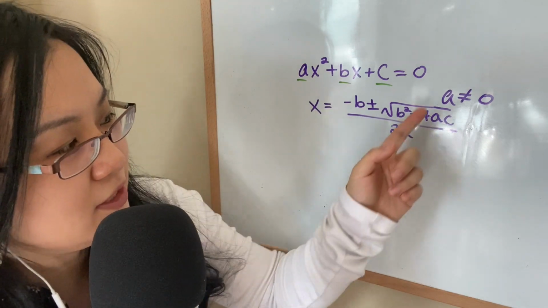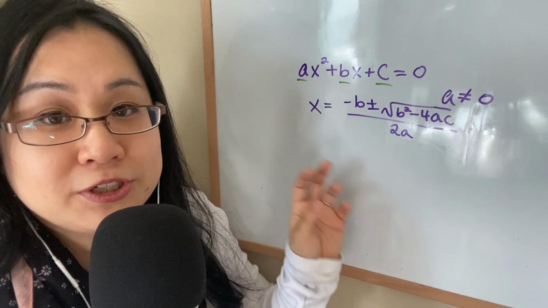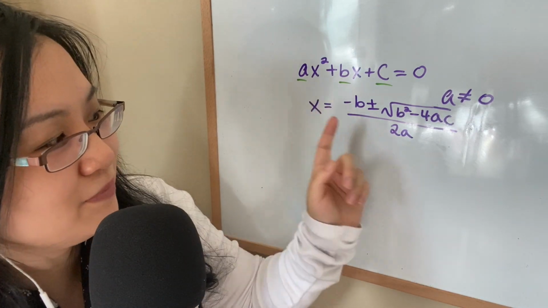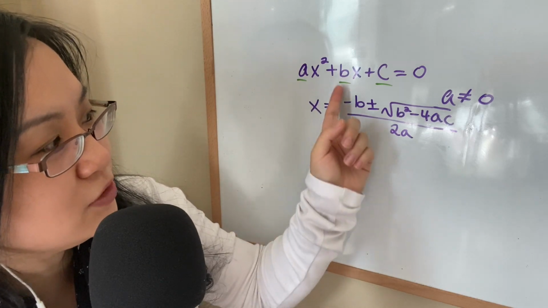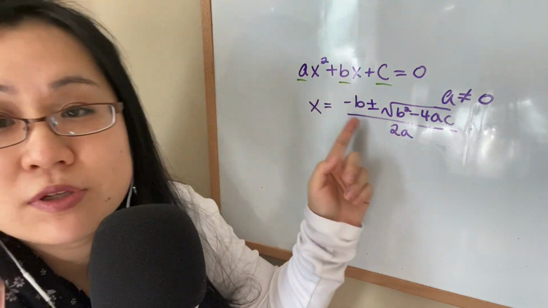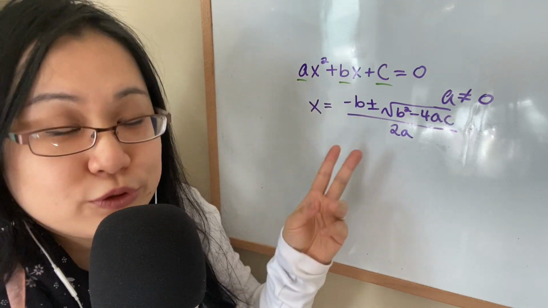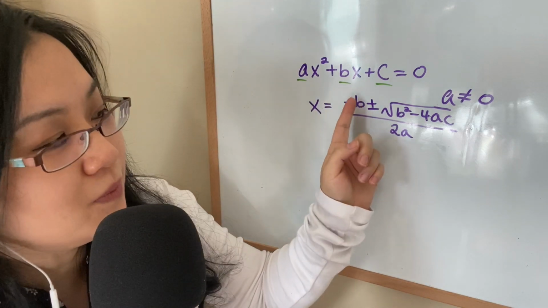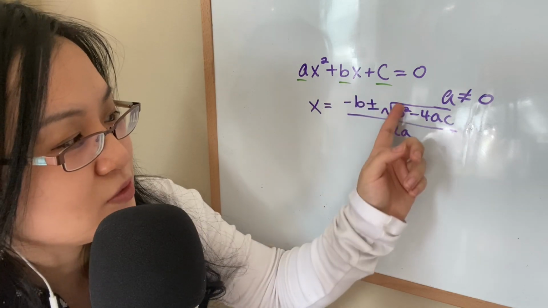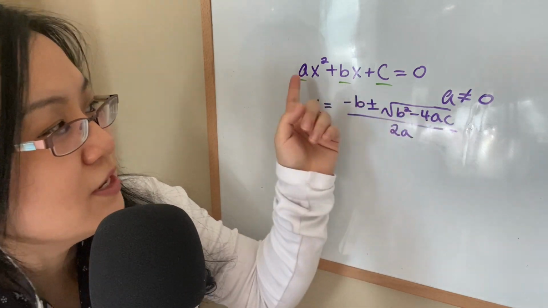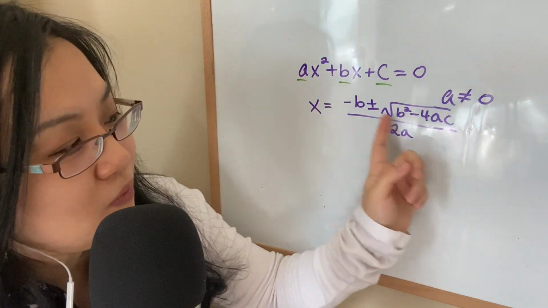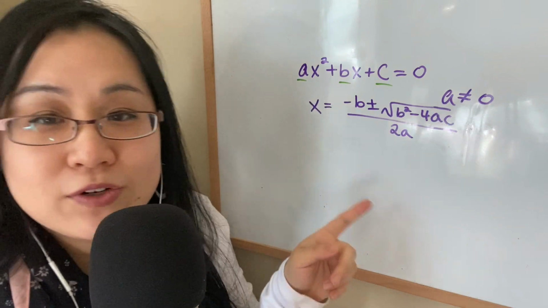This is literally the solution or solutions, if there are any, to this. So negative b, so you literally plug and chug these values. Take the middle one, negative that, plus or minus. So that means there's presumably two situations, plus this or minus this. The square root of that b squared minus 4 times this number times this number. That's what the 4ac means. And then all divided by 2 times that first number.